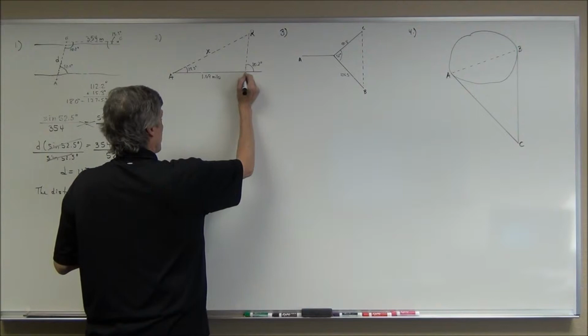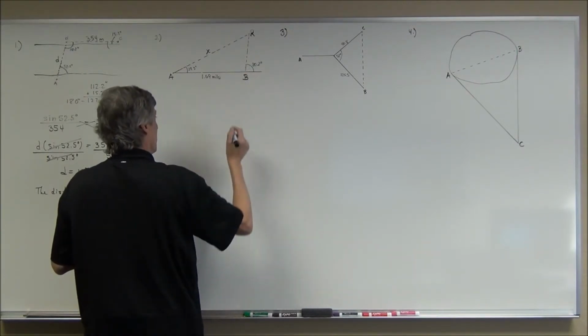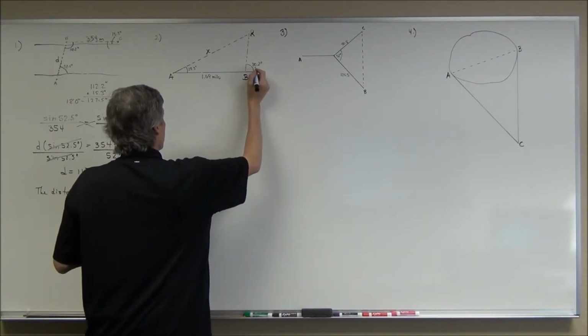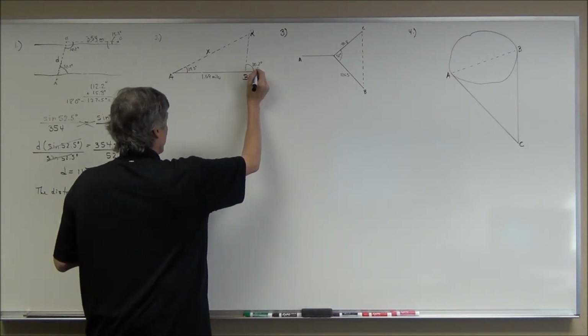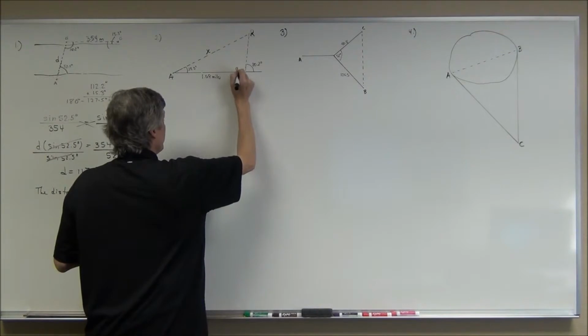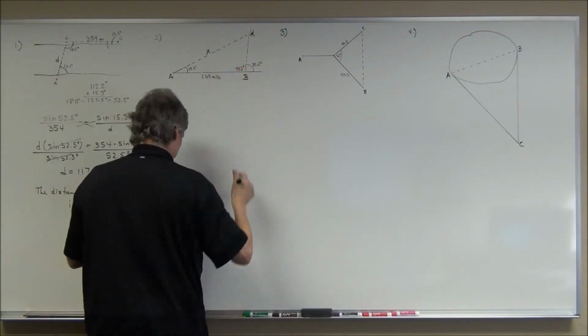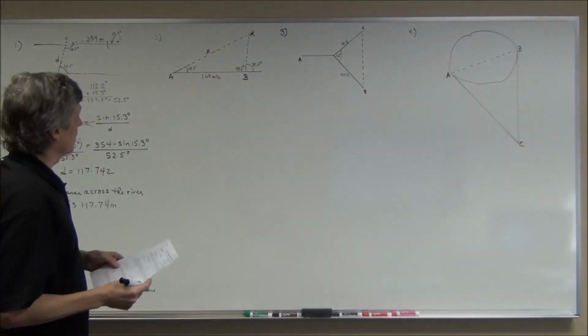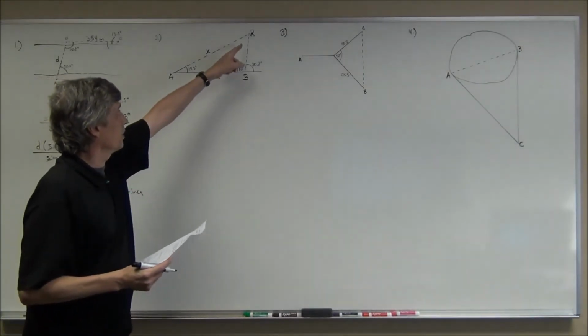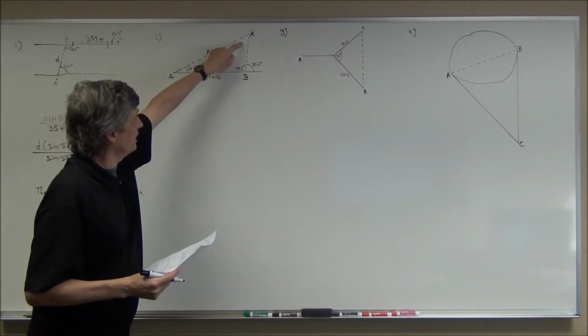These two form a straight line, so these two angles are a linear pair, and that means that they're supplementary. So I do 180 minus 80.2, and I get 99.8 degrees right there. So I need that angle, and of course once I have it, I need angle R because it's opposite the side that's given.